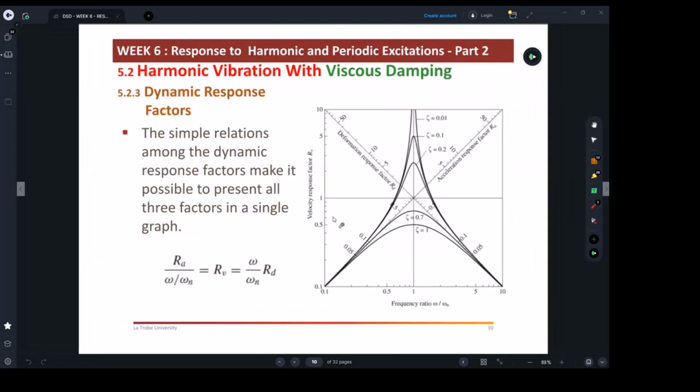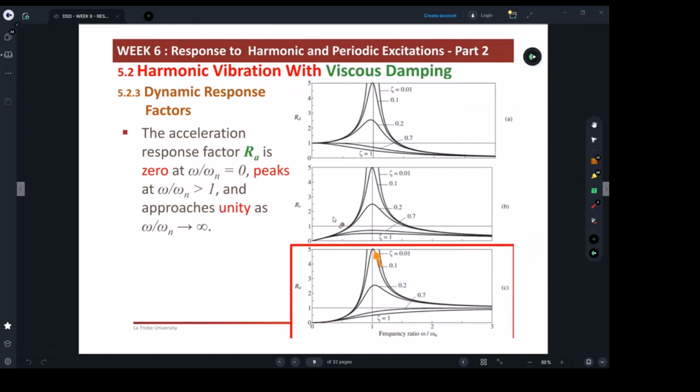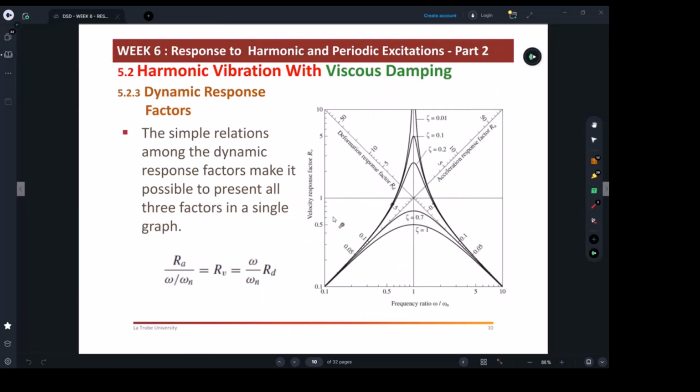All right, so that was just a snapshot through the frequency curves I gave you last week, but last week we only talked about the deformation parameter. This week I'm repeating what we showed you last week for velocity and for acceleration response. Is there a question?